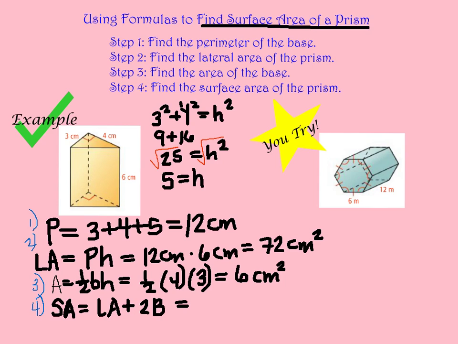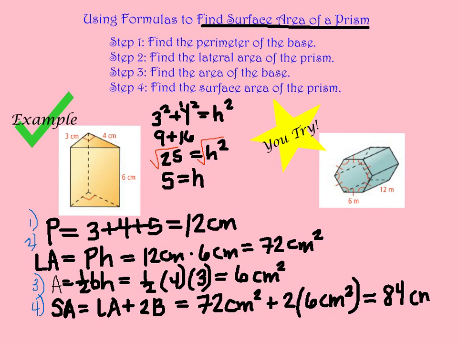So our lateral area was 72 centimeters squared plus twice the area of the bases. The area of the base is 6 centimeters squared. And we just multiply 2 times 6 and then add it to 72. So we get for our surface area 84 centimeters squared. And finally, this is our answer.